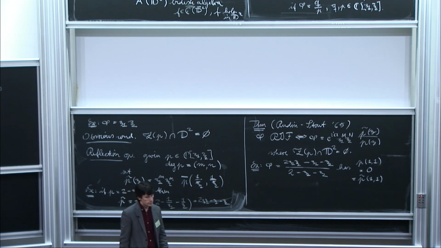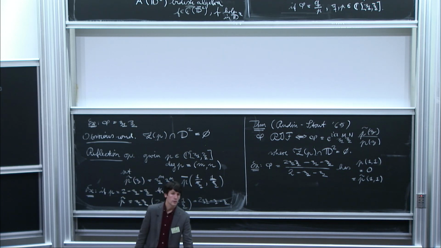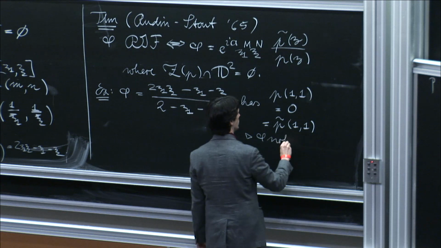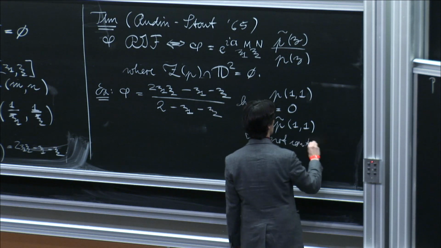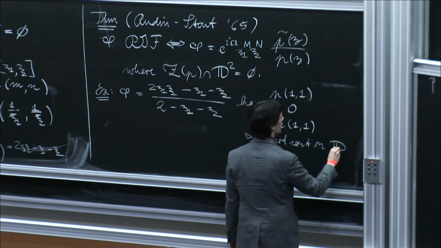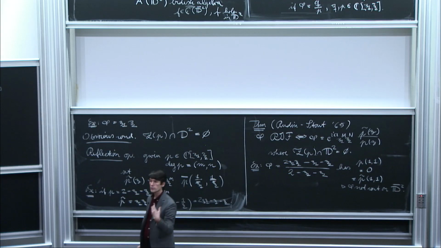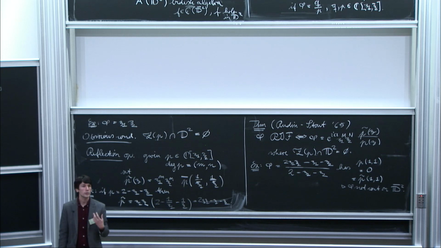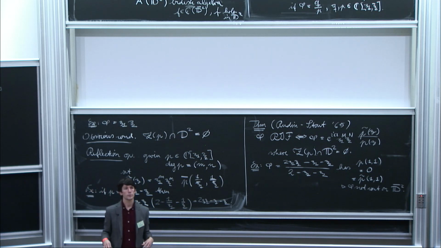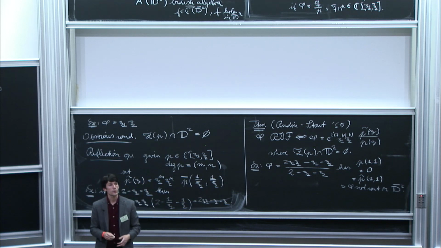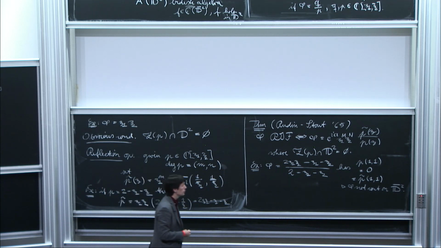But it is not going to be continuous at the point 1, 1. So this is not a continuous function on the closed bidisk, and this is in sharp contrast to the case of a finite Blaschke product, where if you have a finite Blaschke product, then there's at least some disk properly containing the unit disk on which this is a holomorphic function.